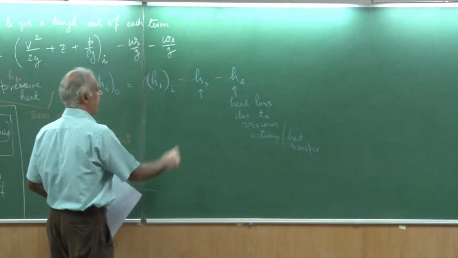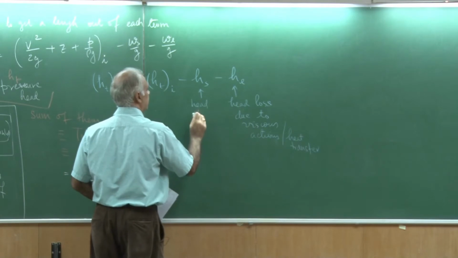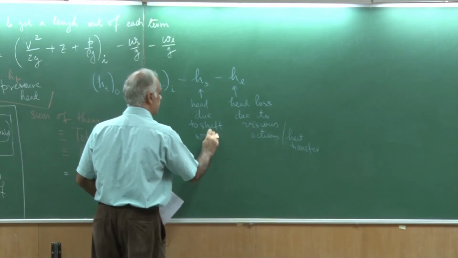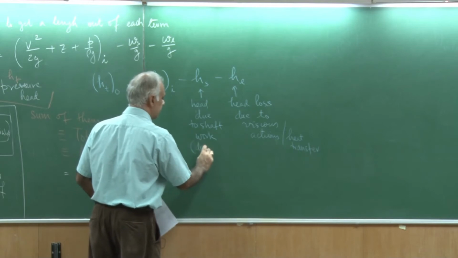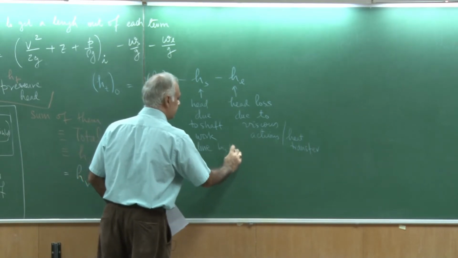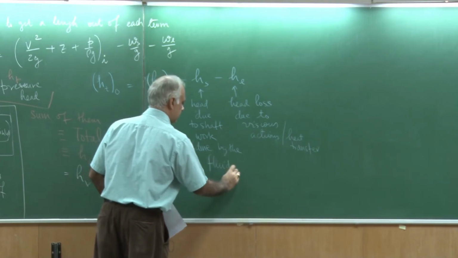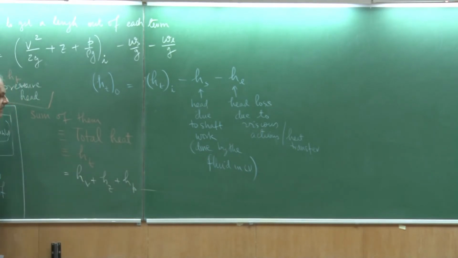And this HS is the head due to shaft work, and it is positive if the shaft work is done by the fluid in the CV. So, work done on the fluid is negative, work done by the fluid is positive.